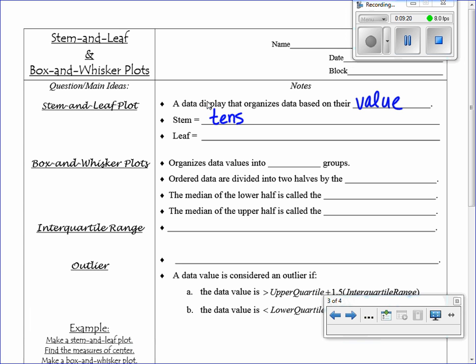The leaf is generally representative of the ones. Box and whisker plots organize data into 4 groups. Ordered data are divided into 2 halves by the median. The median of the lower half is called the lower quartile.